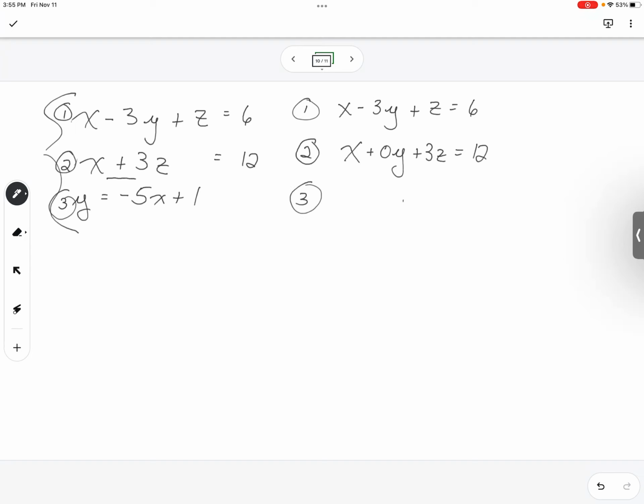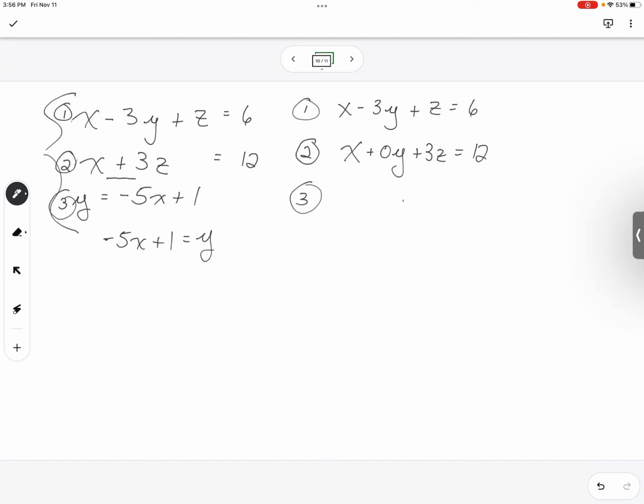For equation 3, I need to do a little bit more work because I need it in the form x plus y plus z equals something, and that's all kind of messed up. So let us rewrite equation 3 in the proper order. Let's say negative 5x plus 1 equals y.